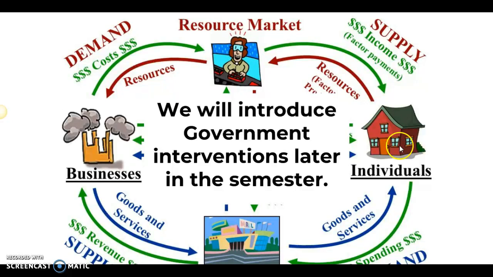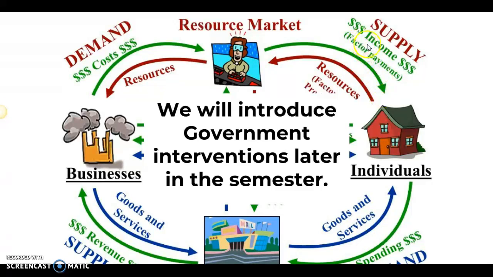Households are going to spend their money on finished goods and services at a mall. That money is revenue, and that is going to businesses, okay? These businesses are going to use that money, that revenue they got, their profits, and they're going to use that profit to purchase resources, the factors of production, which are supplied by households or individuals.